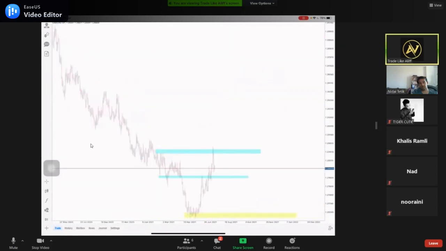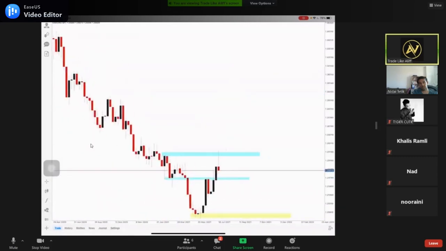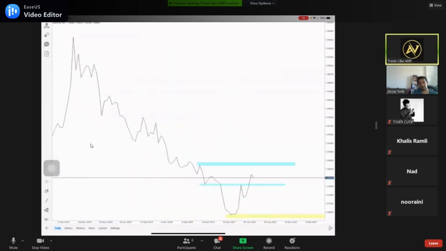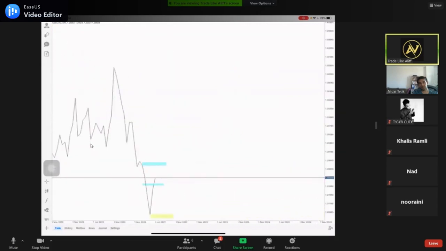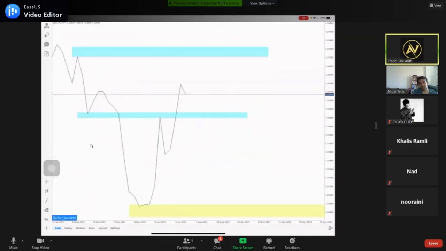Price went to this weekly zone. Here we see weekly, monthly. Okay, weekly.